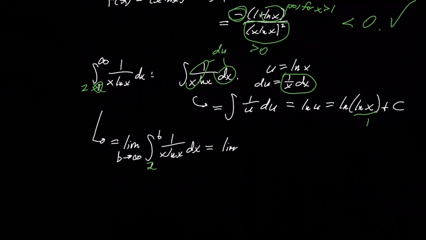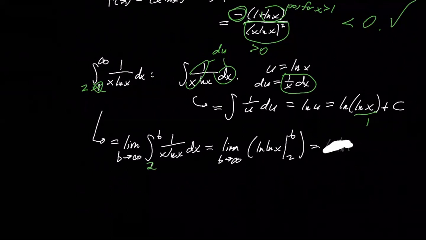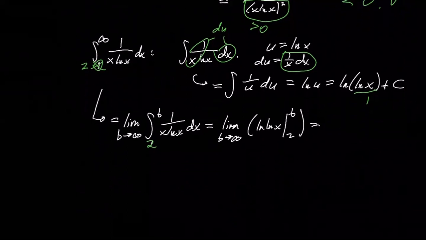Okay, so that's the limit as b goes to infinity of ln of ln x from 2 to b. Oops, I forgot my limit. Almost done with this. So that's the limit as b goes to infinity of ln of ln b minus ln of ln 2.